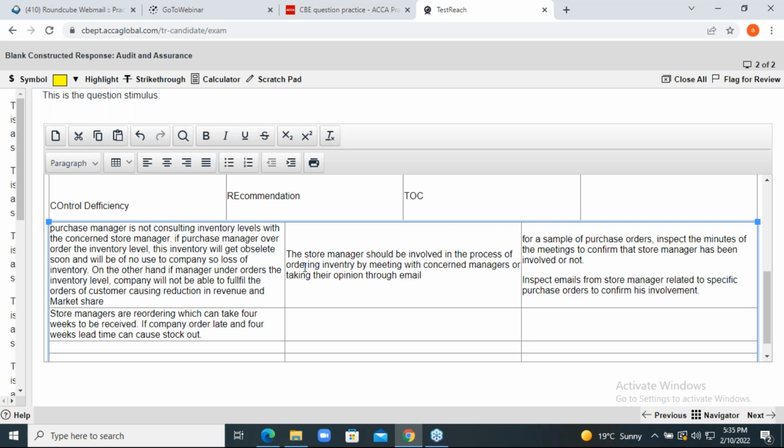So what happens if we are stock out, means we are out of stock. So if we are out of stock, we will say no to our customer.